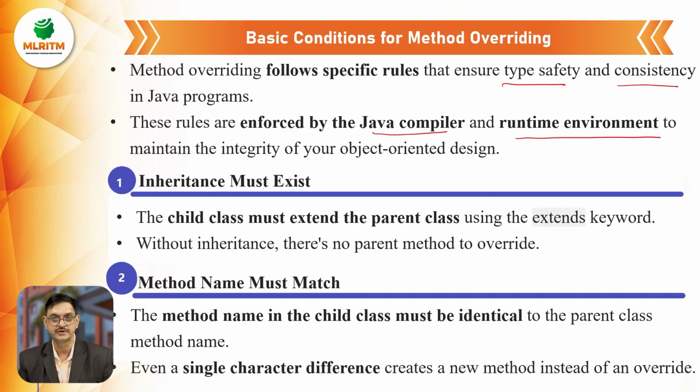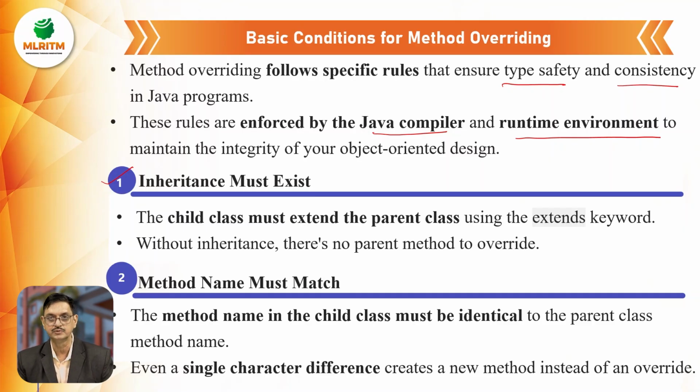We have four different rules we need to follow in order to enforce method overriding. The first one is that inheritance must exist. Unless inheritance exists, where a child class is created from its parent class and implements the same methods as in the parent class, method overriding is not possible.